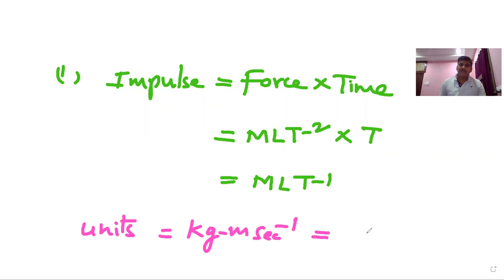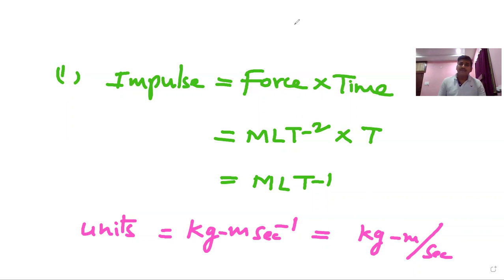So finally this becomes kg meter per second. Be careful, this is not minus, this is the hyphen. Kg meter per second. So the dimension formula of impulse is MLT minus 1, from basics we have seen. Finally, the unit is kg meter per second.